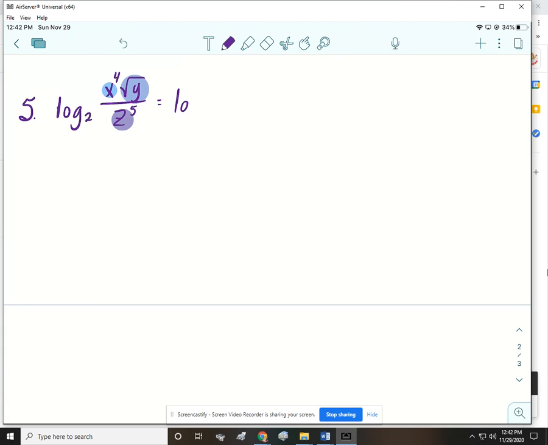If the logarithm for that variable comes out of the numerator, it's positive in front. So the x and the y should both be positive, and they each get their own logarithm. I'm going to go ahead and rewrite that y as y to the 1/2.